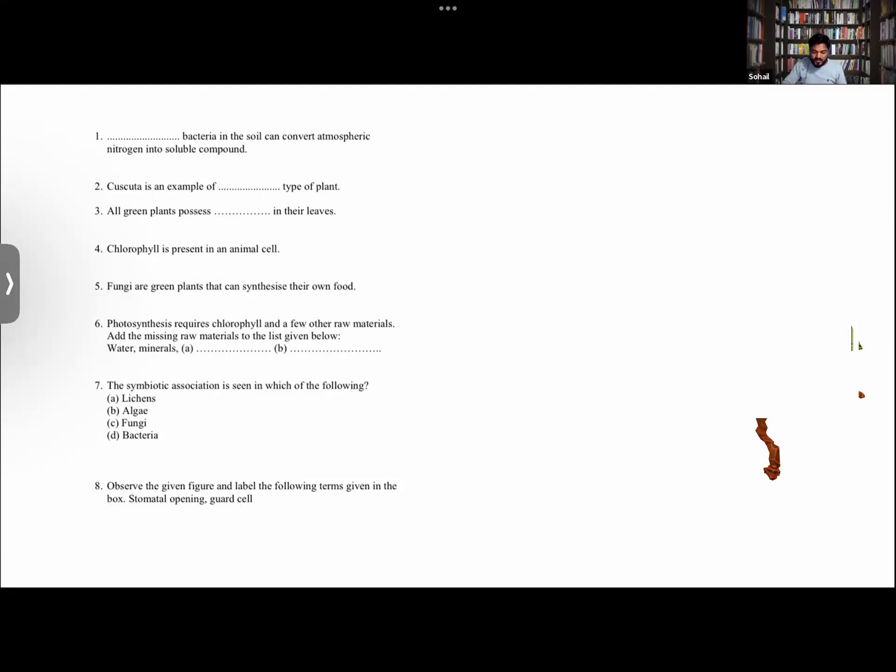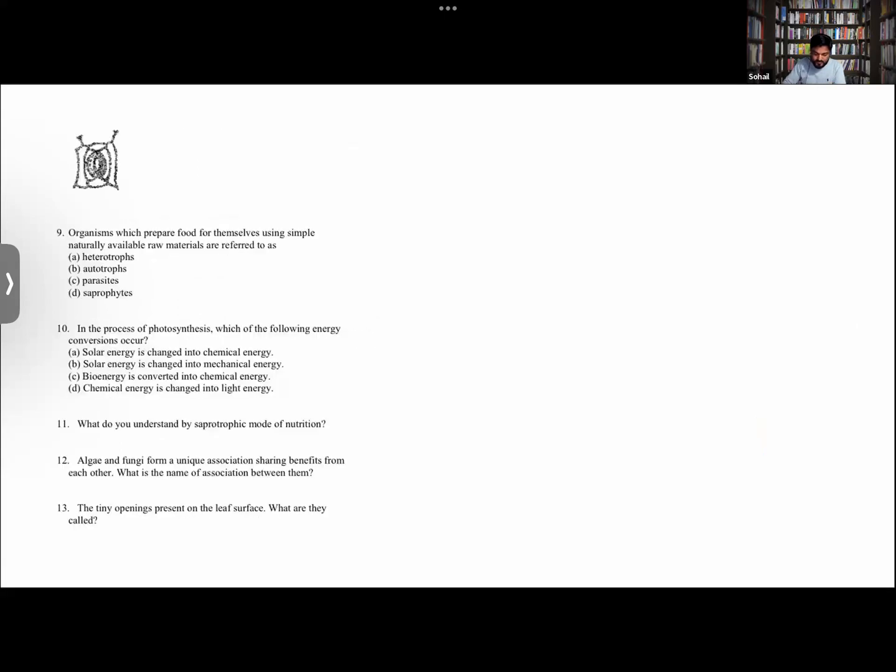So we have to draw the diagram and mark them? You can just draw a simple diagram. Okay, keep it simple. Sir, can I go get my black pen? Sure. You can just draw a simple diagram like this.